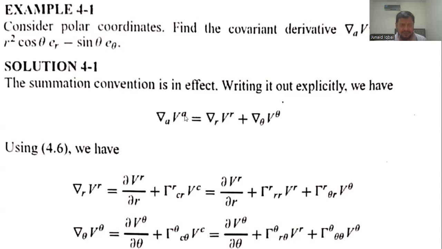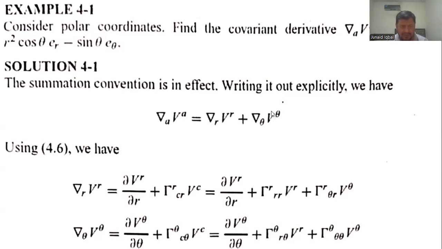Since in this case we have coordinates r and theta, we carry out this summation, where the dummy index a runs over r r plus theta theta.